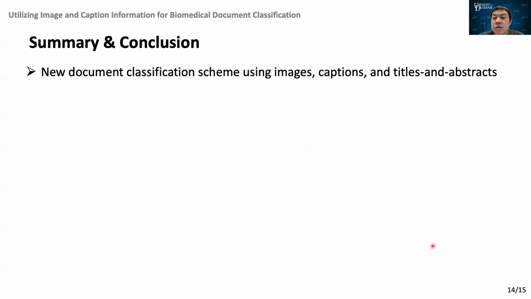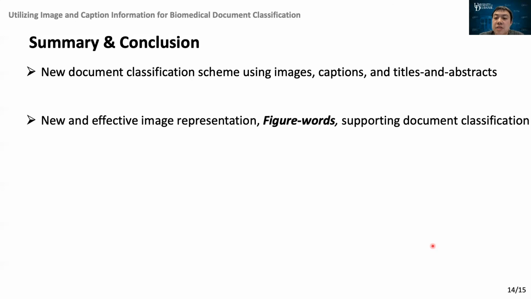To summarize, we introduced a new biomedical document classification scheme using information derived from both images and captions, in addition to the title and abstract. Our experiments and results demonstrate the effectiveness of our newly proposed figure words for representing images and for improving document classification.